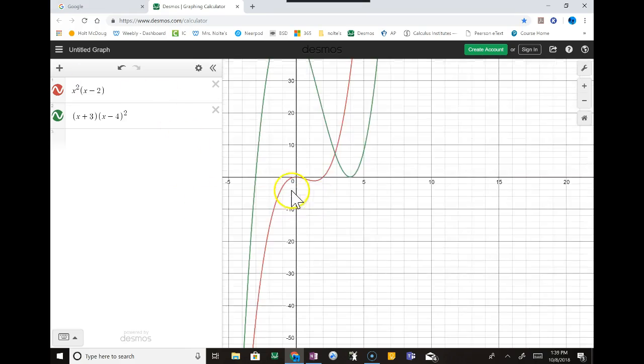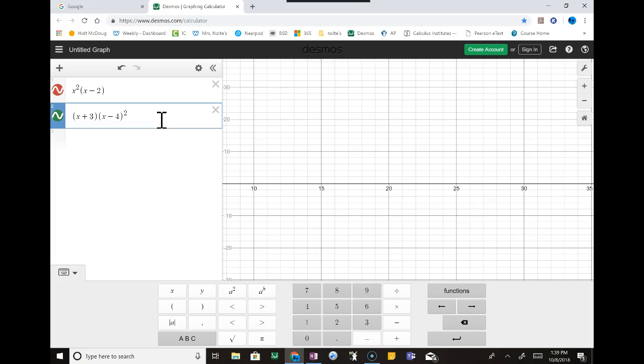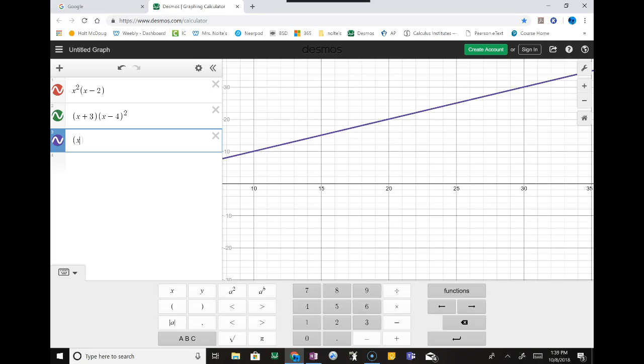Okay, let me try to make up one, like super crazy. I don't even know what this is going to be. I'm just going to make up a lot of them. So let's say we have x plus 2 squared, x minus 5, x minus 1 squared.